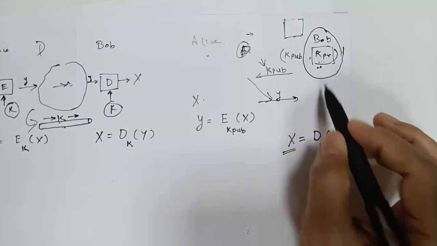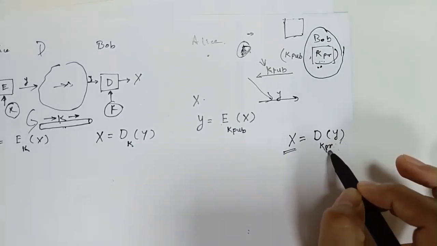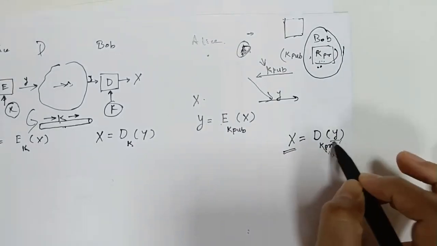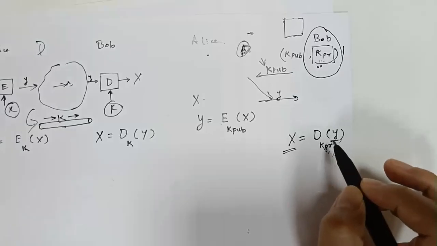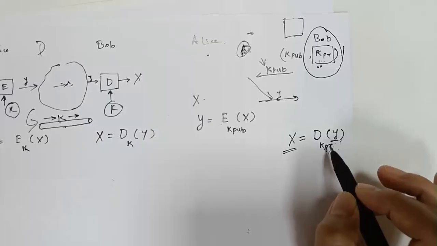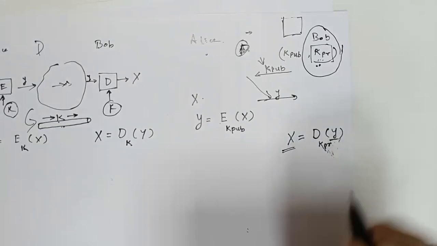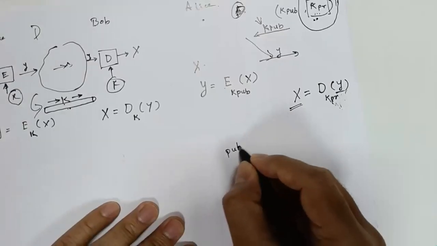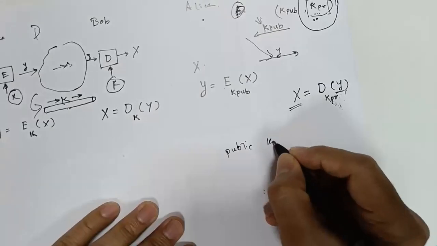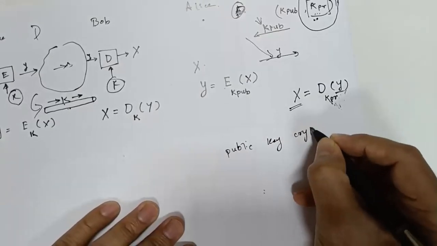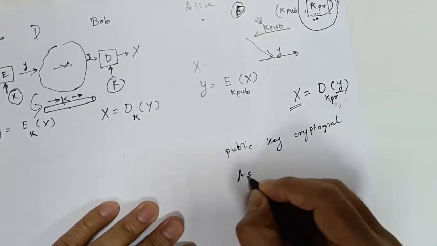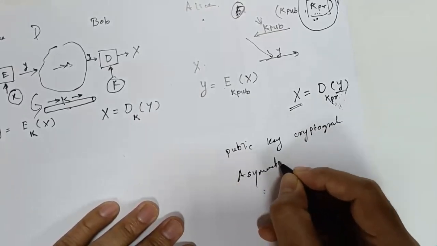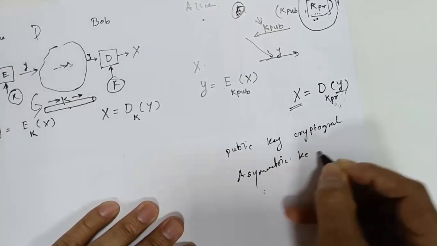So only Bob can decrypt this particular ciphertext, no one else. That's why this is very secure. This is called public key cryptography, or you can also call it asymmetric key cryptography.